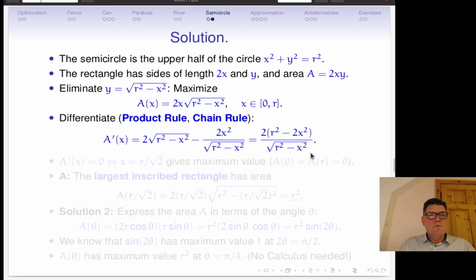This root is always positive, so setting this equal to 0 is effectively setting r squared equal to 2x squared, and extracting positive roots, this gives x is equal to r over root 2.